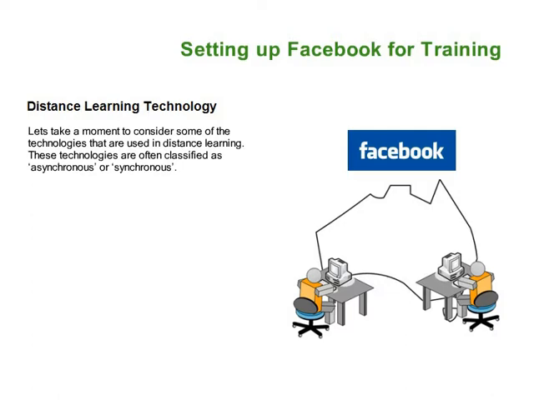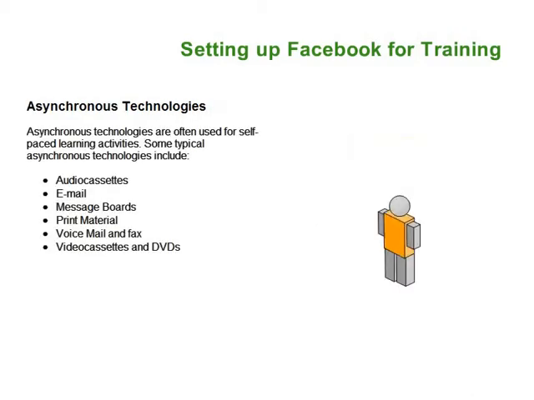Distance learning technology. Let's take a moment to consider some of the technologies that are used in distance learning. These technologies are often classified as asynchronous or synchronous. Asynchronous technologies are often used for self-paced learning activities.